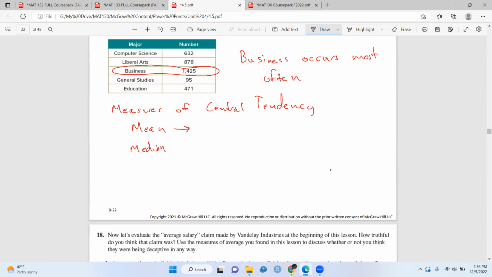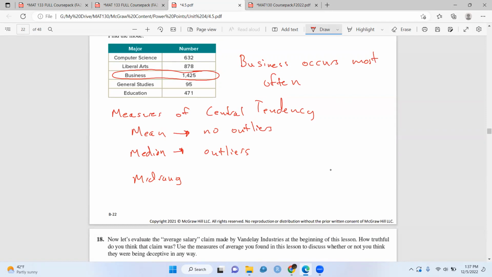If there are no outliers, we use the mean. If there are outliers, we use the median as the best measure of central tendency. And then the super garbage one is the mid-range. And then the other one is the mode that we just looked at for categorical. Does everyone remember what a categorical variable is?